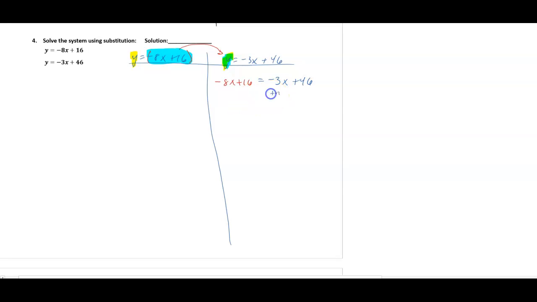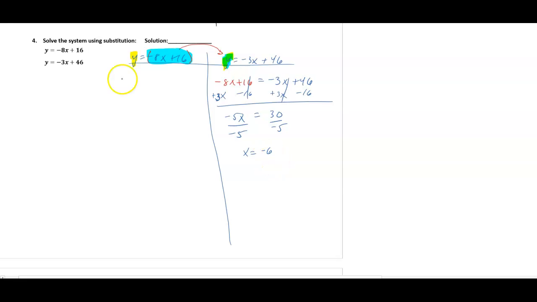So bring my variables to the left by adding 3x, constants to the right by subtracting 16. That gives me negative 5x equals 46 minus 16 is 30. Divide by negative 5, and x is equal to negative 6.